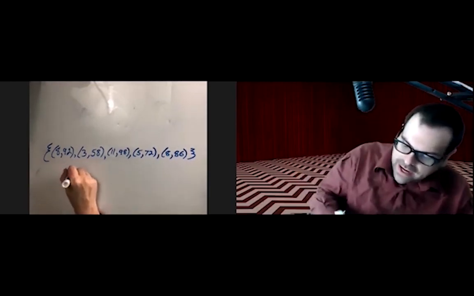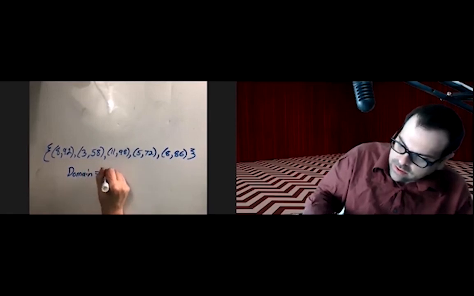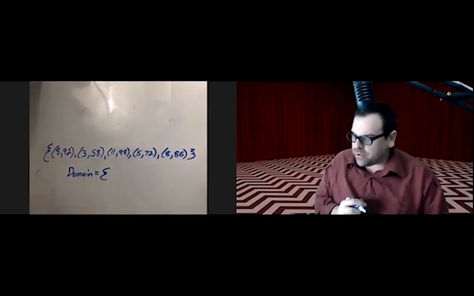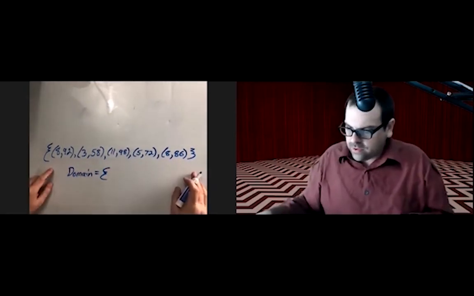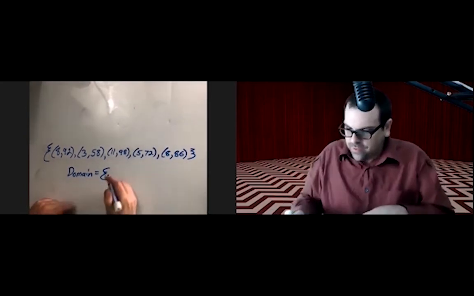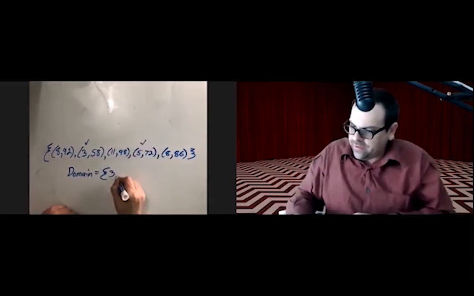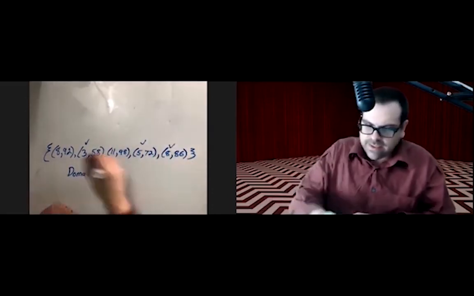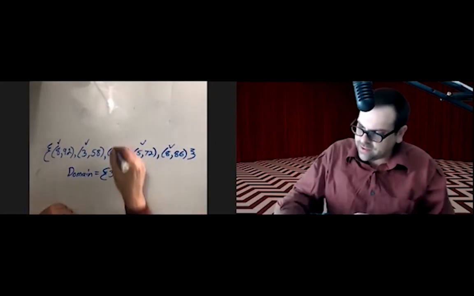I can get the domain. The domain is the set of all the possible inputs. I'm going to go ahead and put them in an order. Sets don't have repeats. So 3, 5, 8, and that's there twice, but I only have to write it once. Sets don't have repeats.